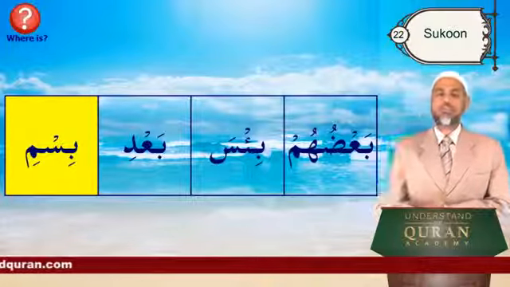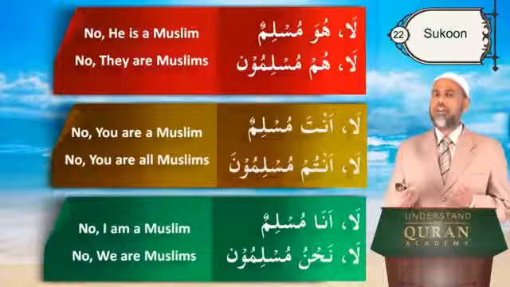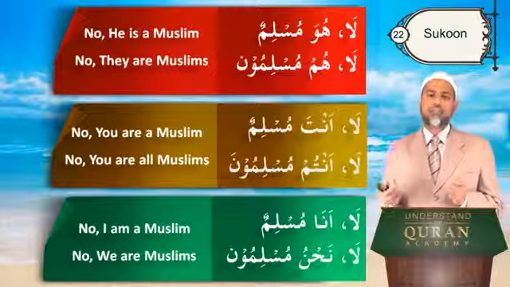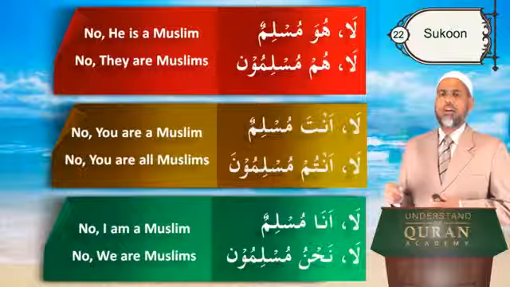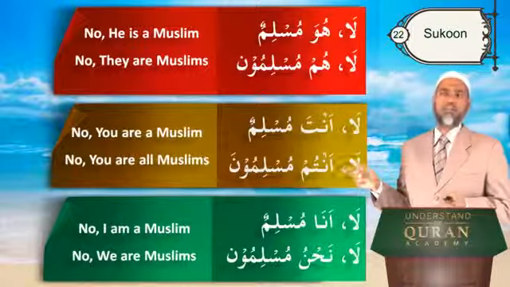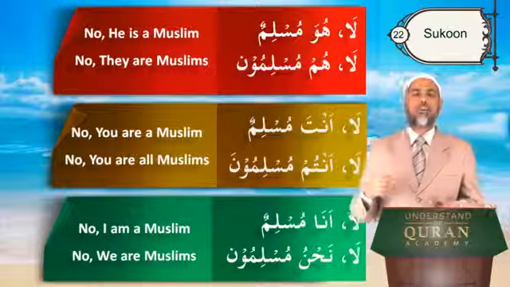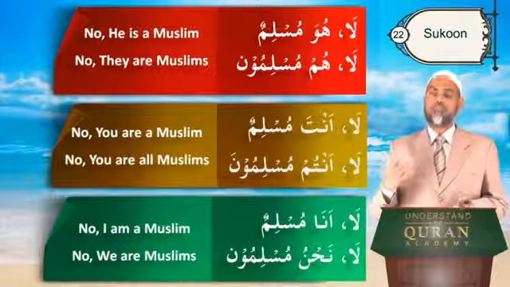Before we close, let's take spoken Arabic. If you want to say no, that means la. Somebody asks you a wrong question, for example, Ahuwa kafir? Is he a kafir? Kafir meaning the one who rejected faith. Not everybody is kafir. The one who understood Islam and rejected Islam, he is kafir.